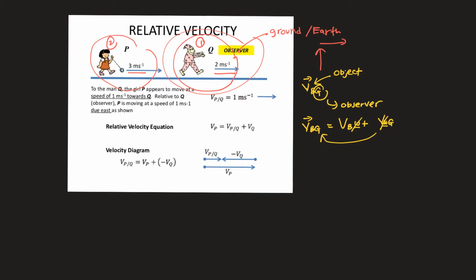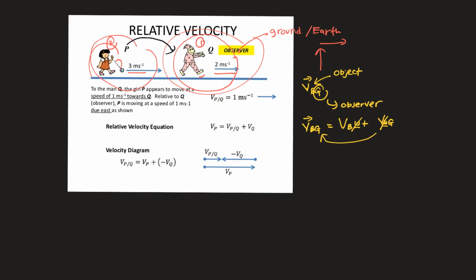Now the question asks you to find the velocity of the children with respect to the observer. So the observer sees these children moving toward him with what velocity?